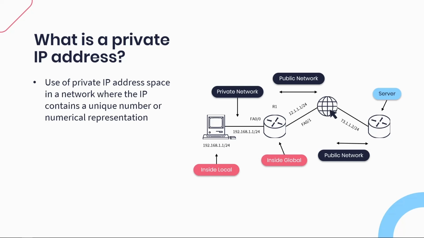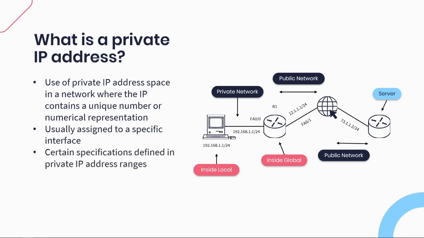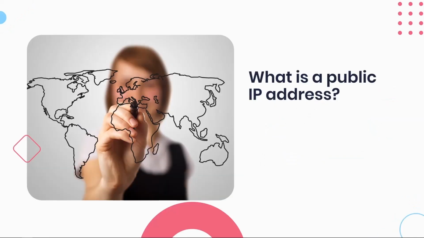The IP address is usually assigned to a specific interface on the network device. There are certain specifications defined in the private IP address ranges and often used in LANs. These are known as IPv4 and IPv6. We'll talk more about these in a while when we get into exploring IP addressing a bit further.